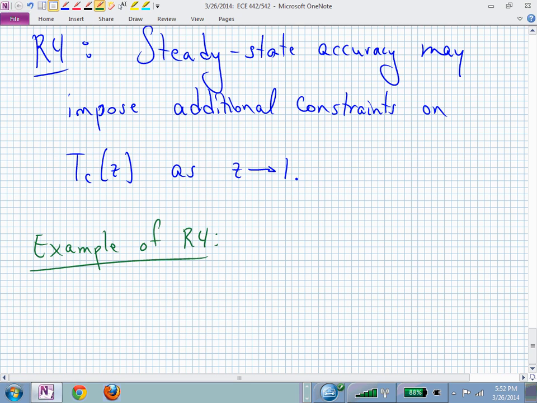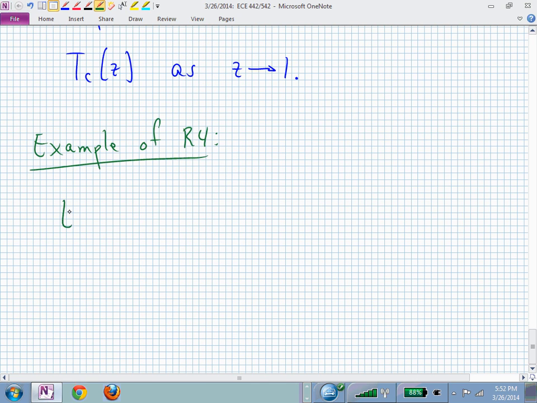Here's an example. The error is just created by comparing the reference input R to the output Y. We're assuming unity output feedback. The error signal is just R minus Y. But we know how Y is related to R. Y and R are related by the ideal transfer function.